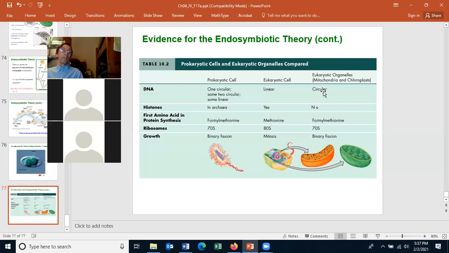Furthermore, if you sequence the DNA of the mitochondria and the chloroplast, the sequence of that DNA does not fall within the domain eukaryotes. It falls within the domain bacteria, meaning the DNA of mitochondria and chloroplast is most closely related to the DNA sequence of bacteria. Any question about any of that?